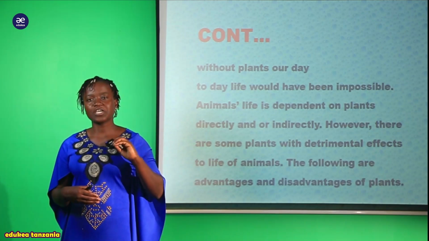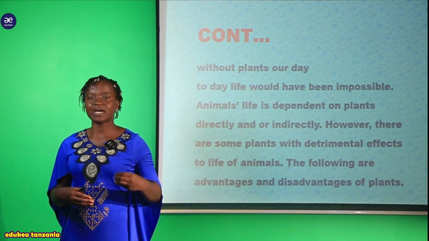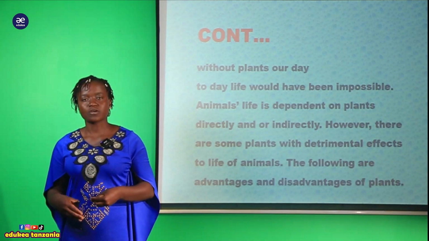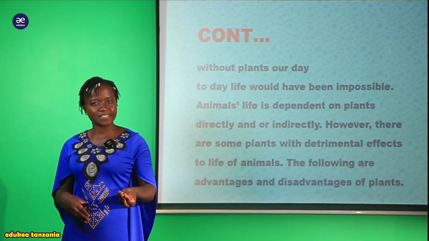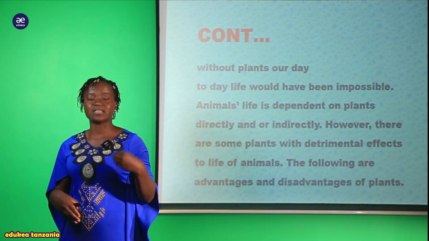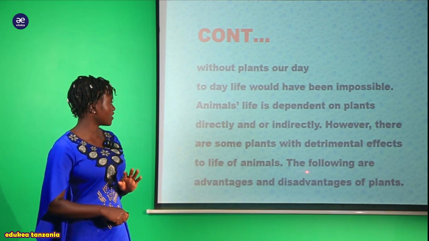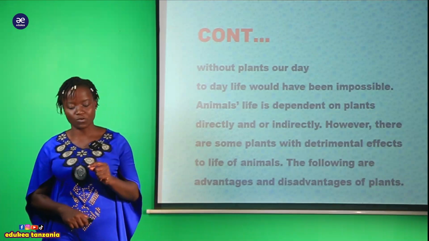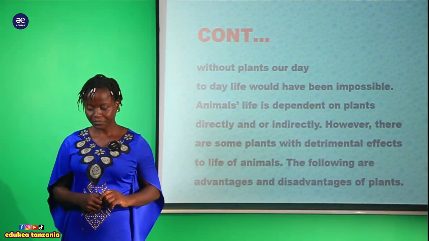Lakini sio hivyo tu, pia kuna madhara ambayo sasa hawa plant they bring on to animals. So we are going to see all of those advantages and disadvantages, and those bring about the economic importance of plant. So the following are the advantages and disadvantages of plant.